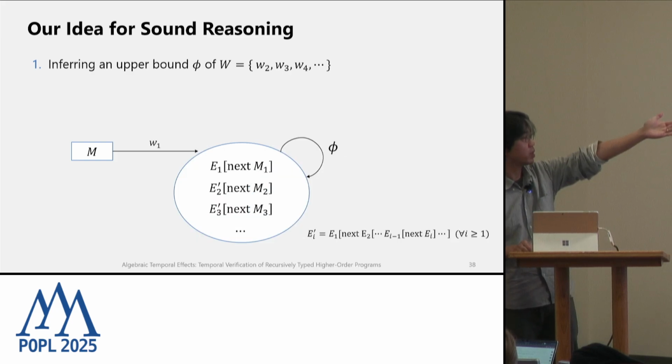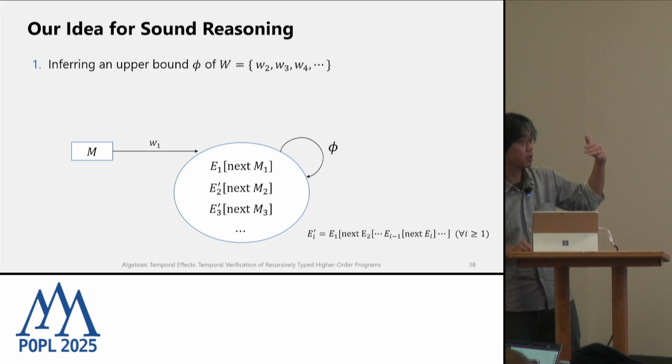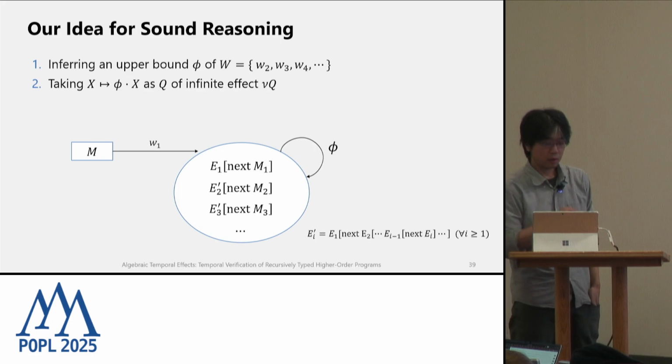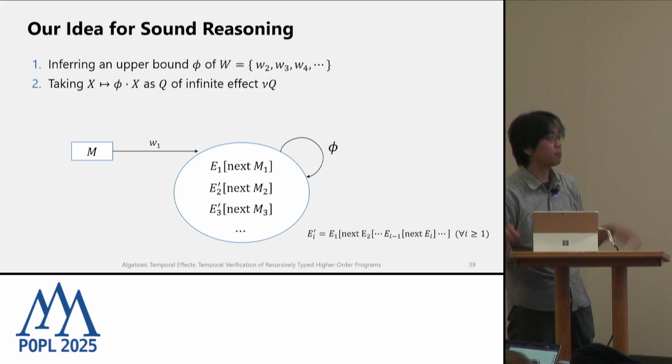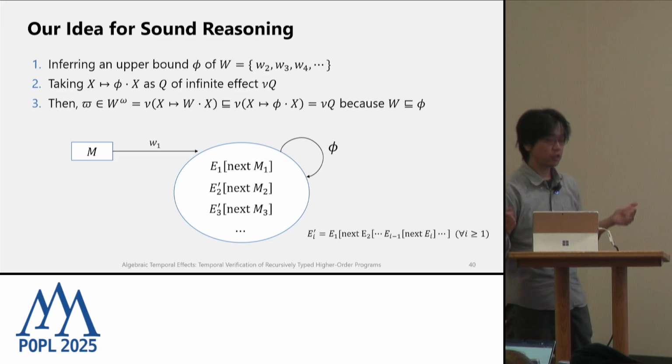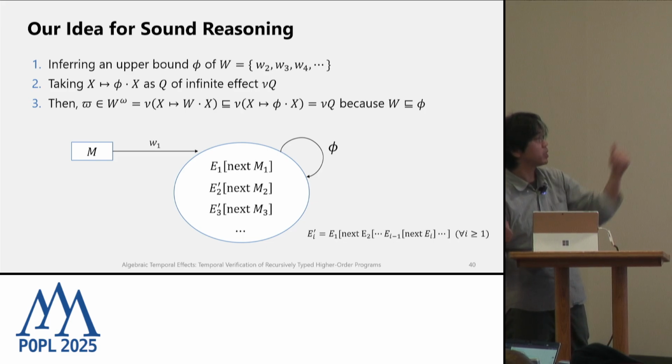So first, M generates some finite trace W1, but the remaining computation just repeats some generation of some finite trace in phi. Then we can take the infinite repetitions of the upper bound phi as an infinite effect. Then we can ensure that the originally generated infinite trace is contained in the infinite effect nu q here.